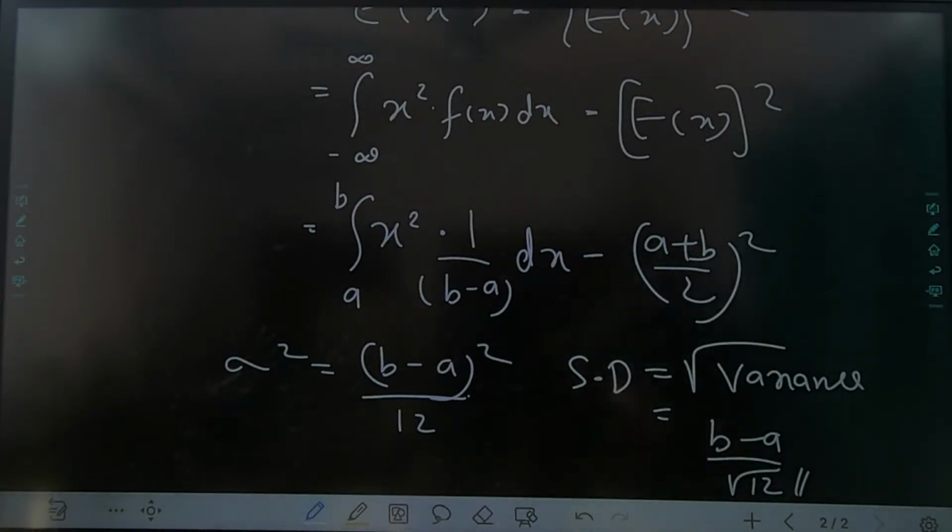Then we have the other distribution, the exponential distribution.